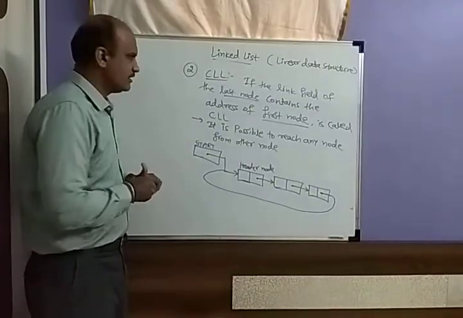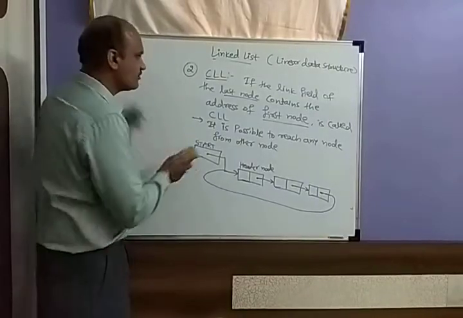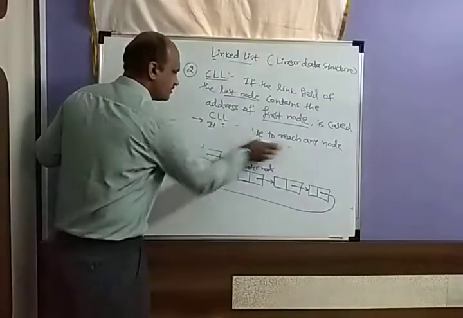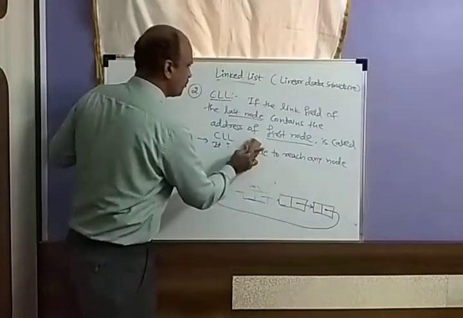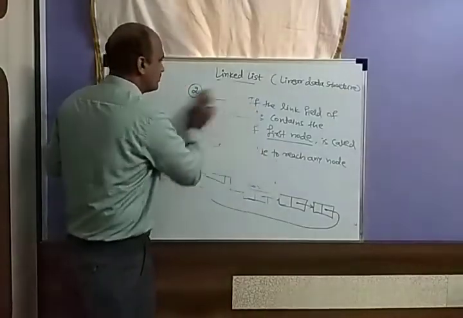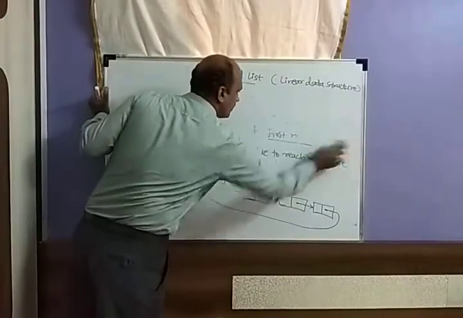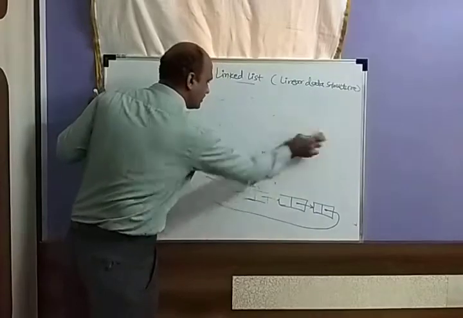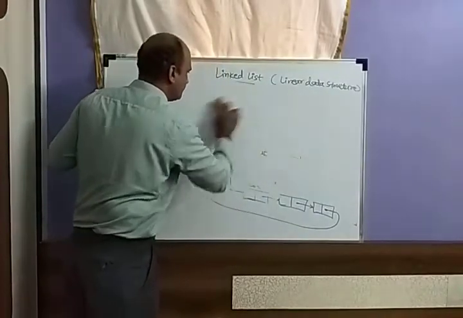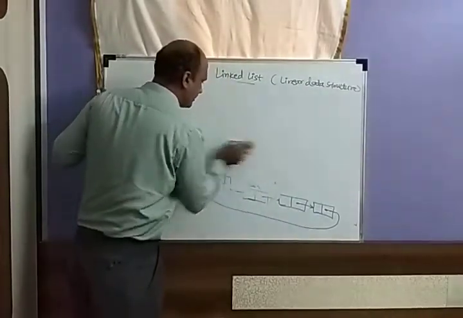That is the second one. Now the third one, very important. Both of these have only one link field. But the third one is the doubly linked list.